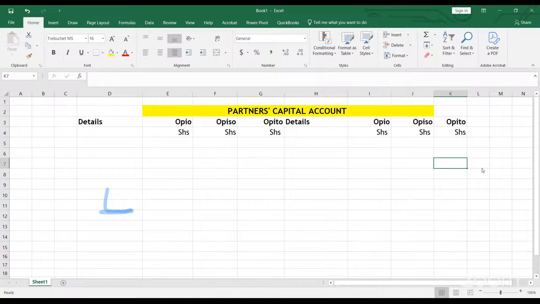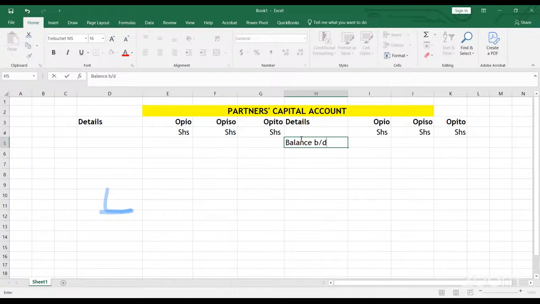The balances are brought down. Capital has a credit balance. So let us enter the balances brought down.